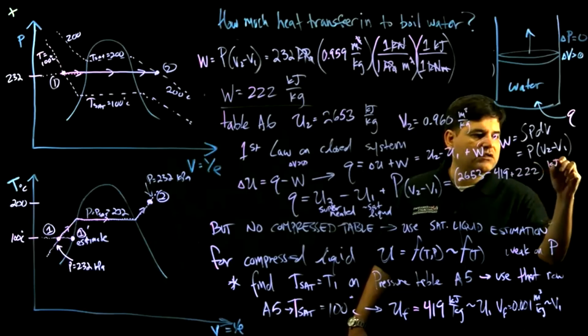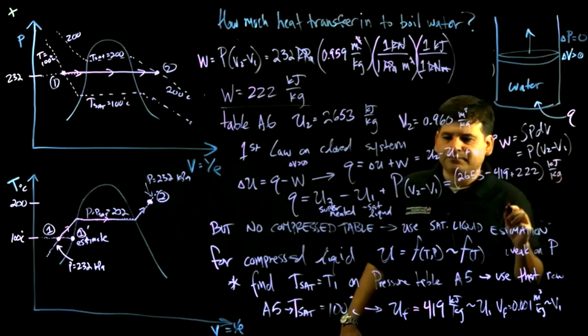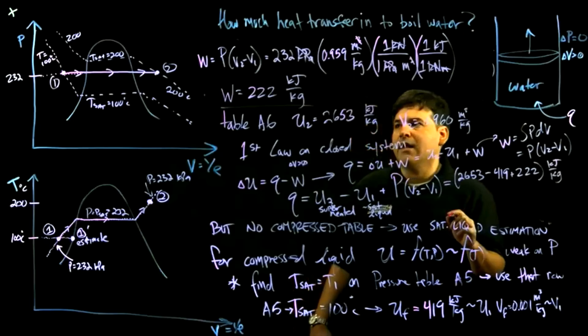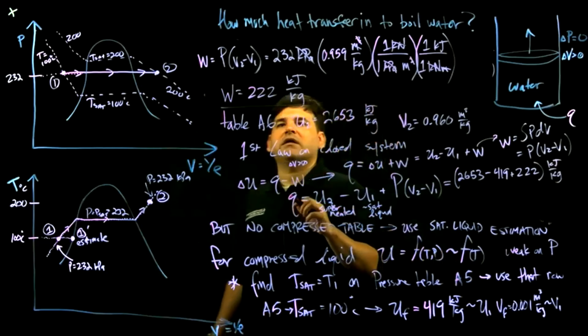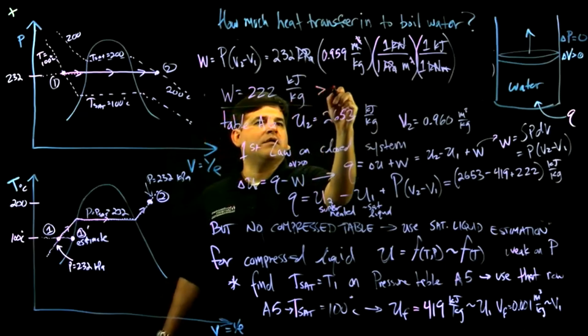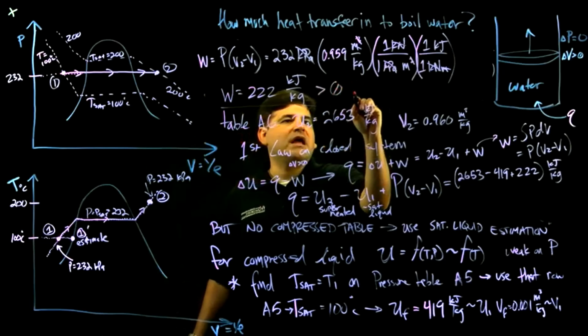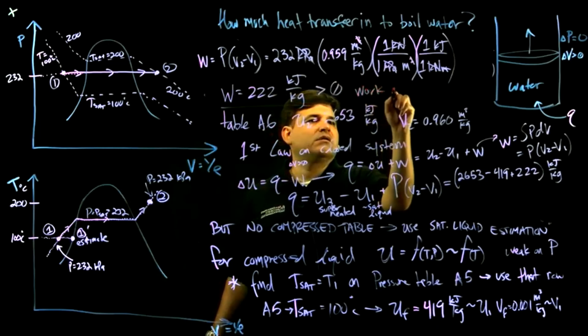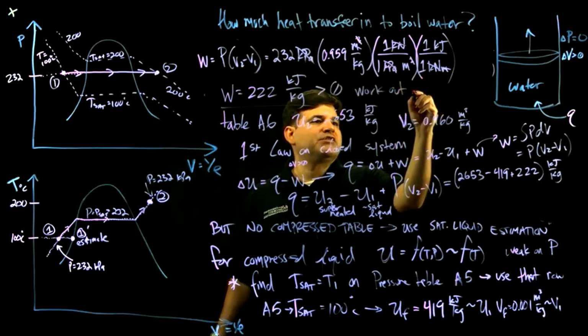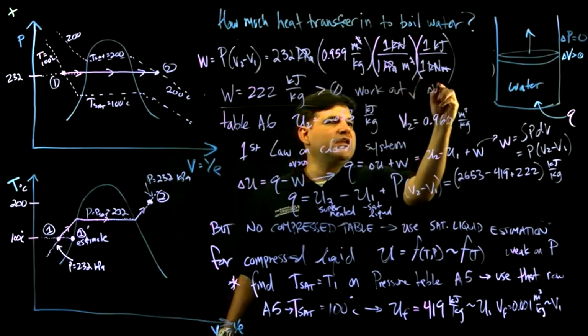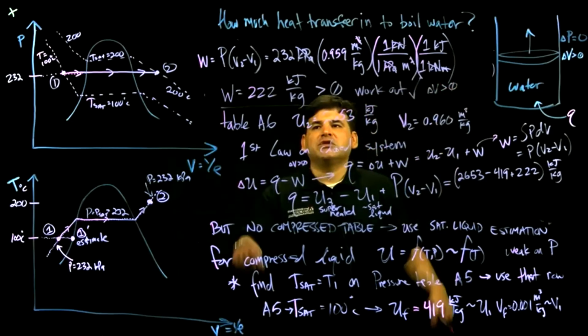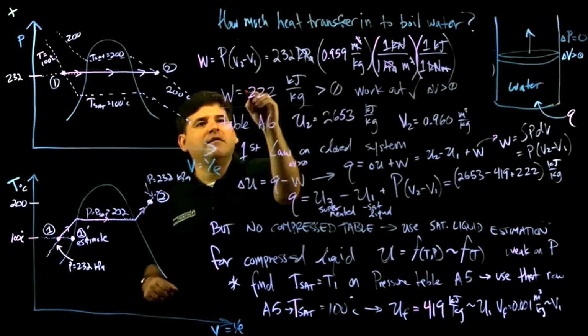And this is all kilojoules per kilogram. Here we can double check. This is a positive number. That means that you get work out. That makes sense because delta V is greater than 0, so this should pop out a positive number.